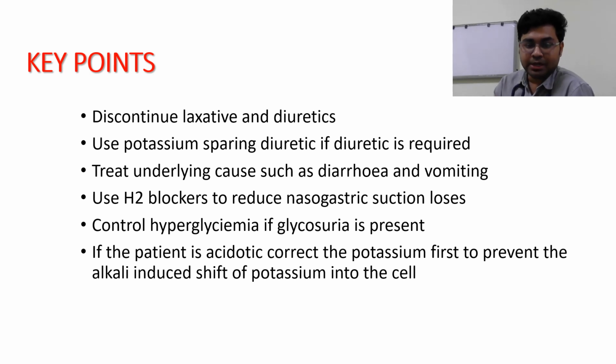So while correcting the acidosis, you may turn your patient into severe hypokalemia. So make this a ground rule that while managing a case of metabolic acidosis with hypokalemia, correct the hypokalemia first and then correct the metabolic acidosis.